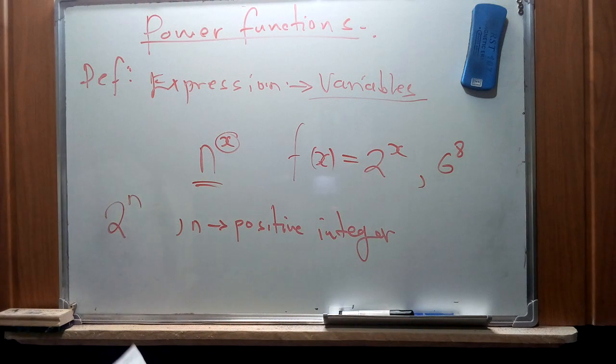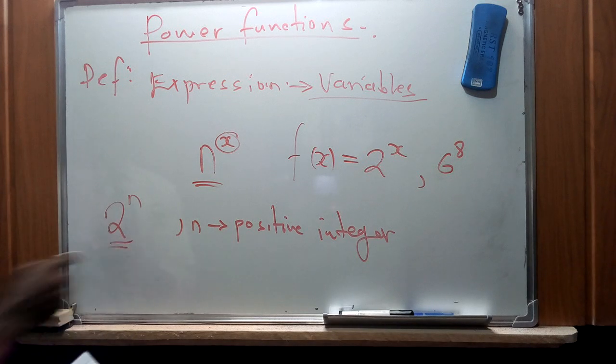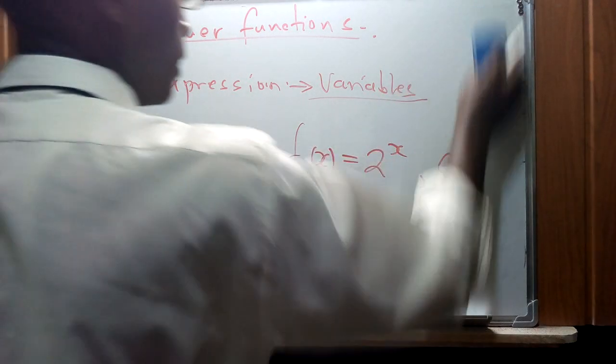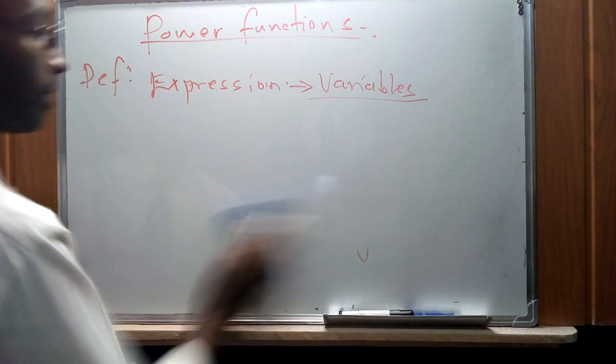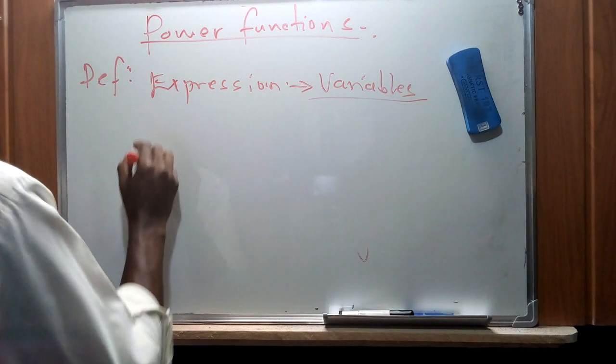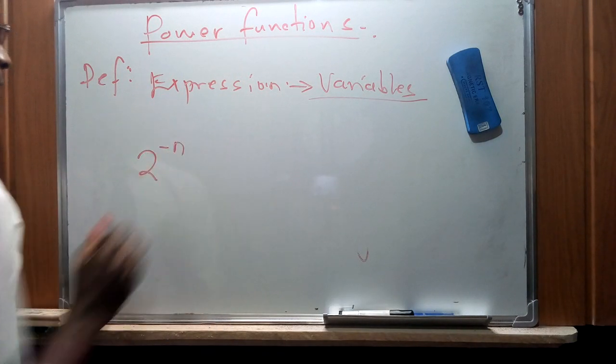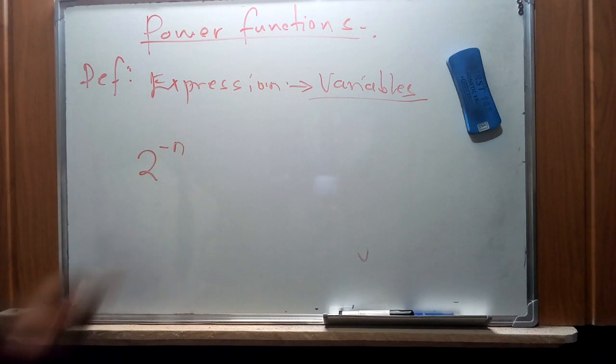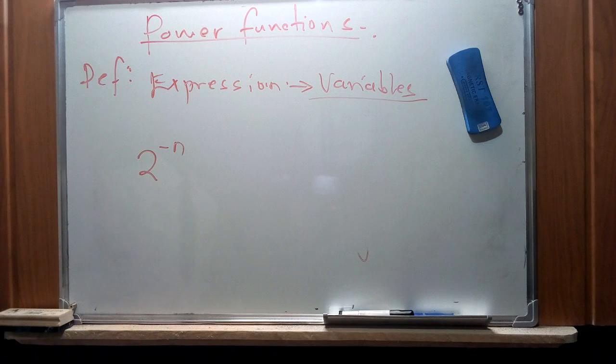then we can define other quantities which can be expressed in terms of this number and n. And suppose n is a negative integer or vice versa, then given a number like 2 raised to power n, and as we have said, n is an integer, therefore it can be positive or negative.